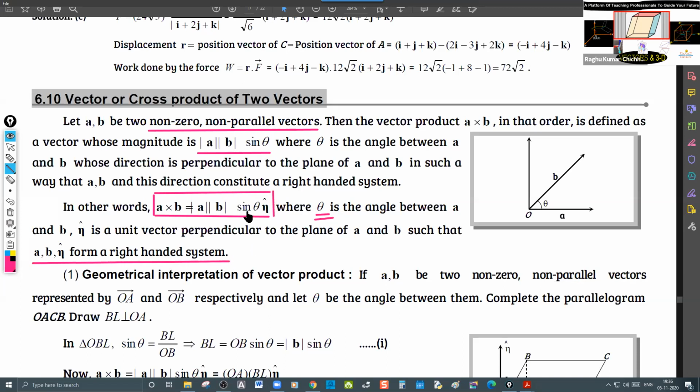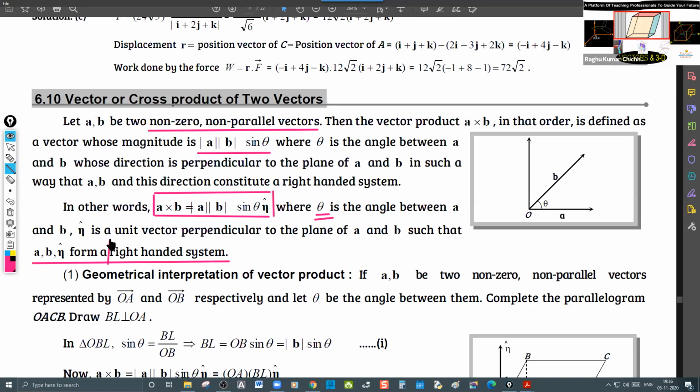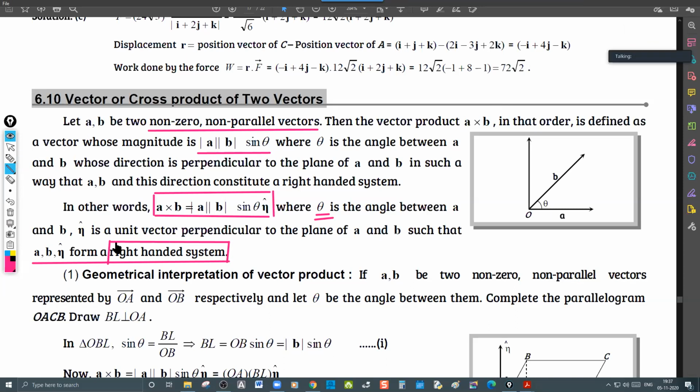First of all, what is the meaning of right-handed system? Can any one of you please tell me what is the meaning of right-handed system and left-handed system in three-dimensional geometry? Kaushik and Trinit, what is the meaning of right-handed system and obviously left-handed system? If you know, you say, otherwise I'll explain.